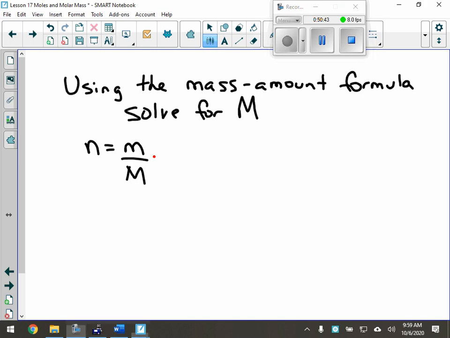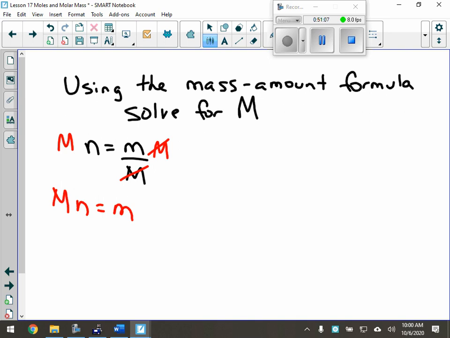So you might say, I'm going to multiply by big M, and I would get rid of those two, yes? So now we have big M times n equals that. We just rearranged the formula and solved for little m so far. Do you see any fractions left here?